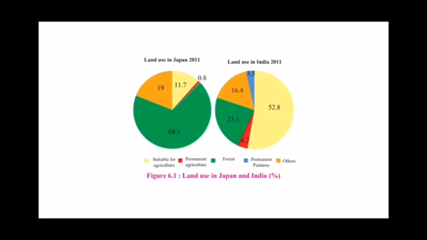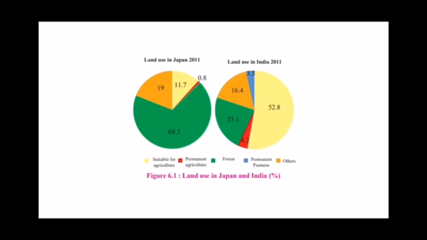You might have realized by looking at this pie chart that the percentages under various land uses are different. Somewhere green is more, somewhere yellow is more. So in different countries, the land uses are different. In Japan, the green color is more, that is 68.5, whereas in India the yellow color, which is for agriculture, is a lot.